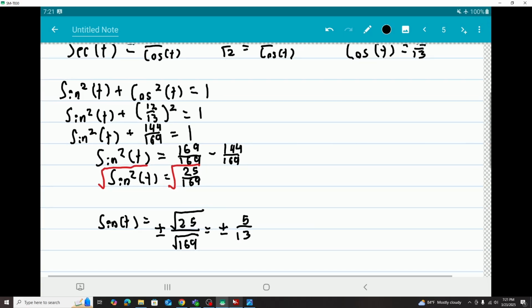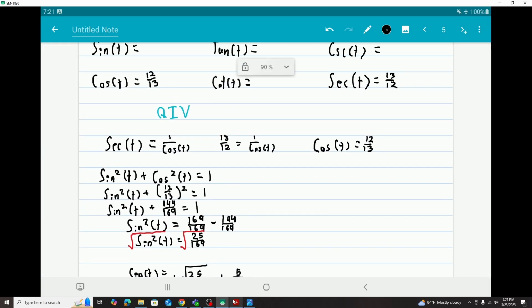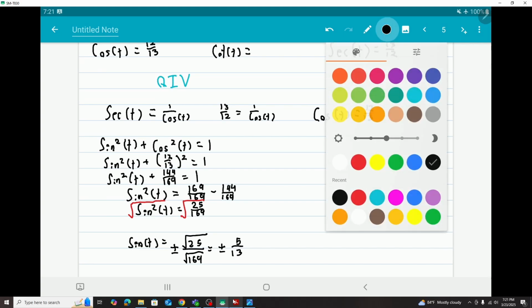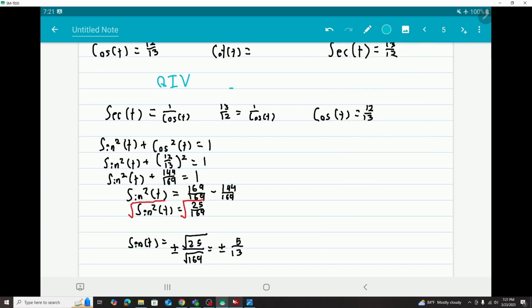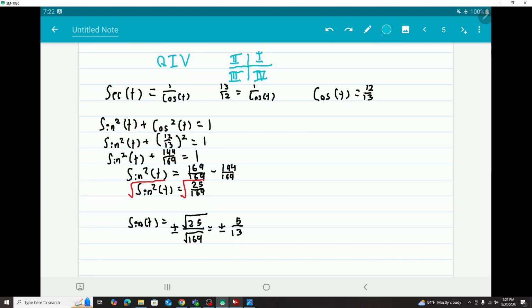But now how do we decide whether it's positive or negative? Well, we're in quadrant 4. That's the bottom one here, bottom right. And so there the y values are negative, and since the y values are negative there, that means sine is negative there.